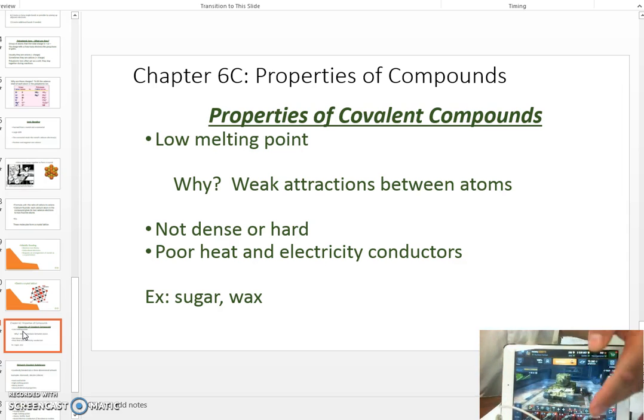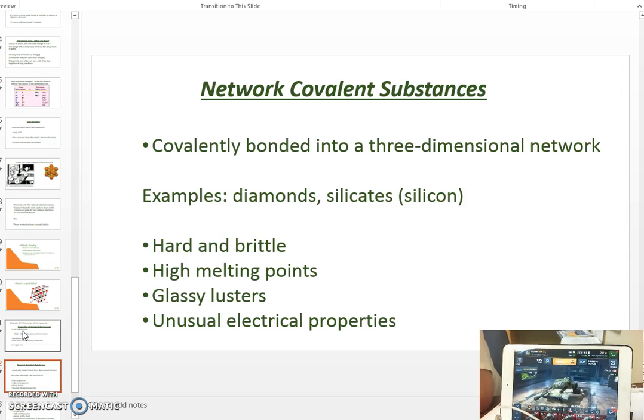And because it's weak, there's not a whole lot of attraction. They're not dense, they're not hard, they're not the greatest heat and electricity conductors, like sugar, like wax. Let's face it, we don't see wax wiring. We don't see sugar wiring for heat, let alone in wires, for crying out loud.